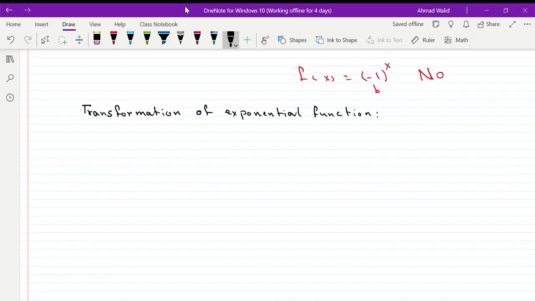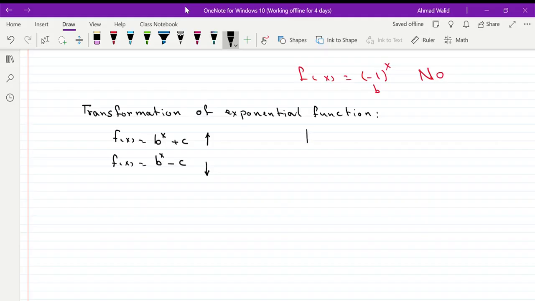The first one, if you have f of x equals b to the power of x plus c, or if you have f of x equals b to the power of x minus c, if you have plus c, your exponential function shifts c units up, and if you have minus c, your exponential function shifts c units down. Correct?